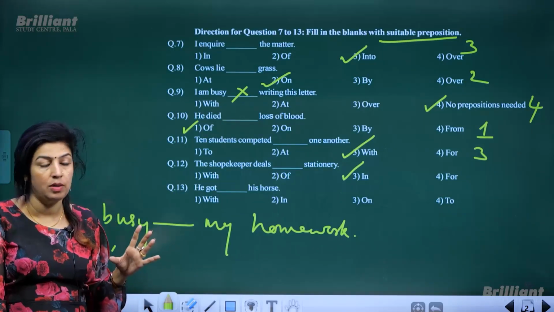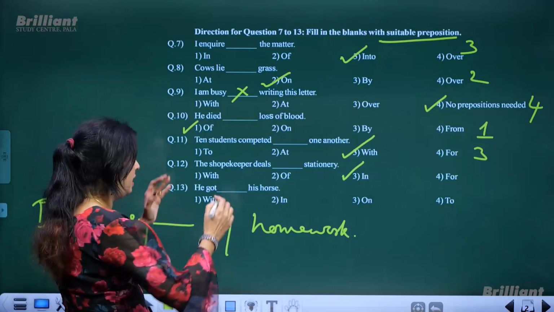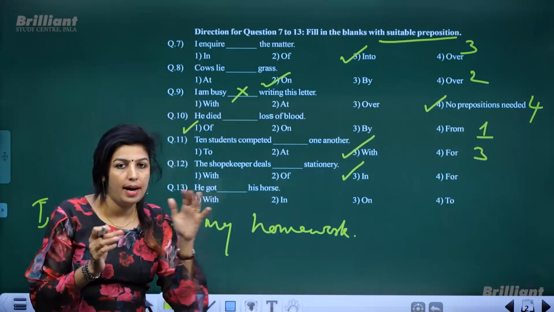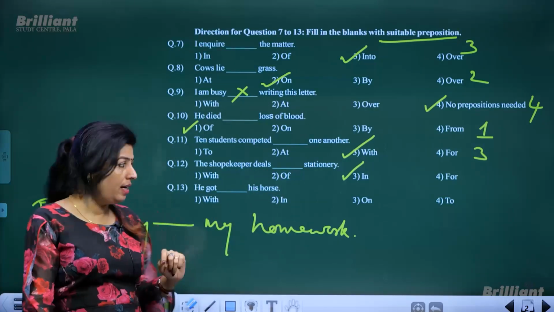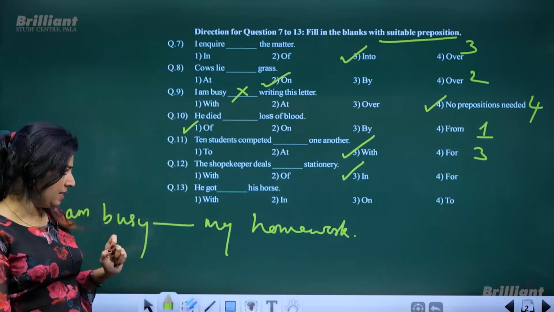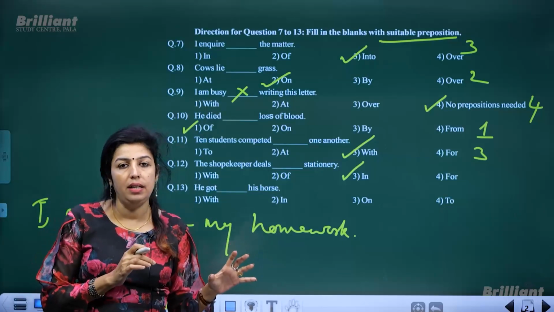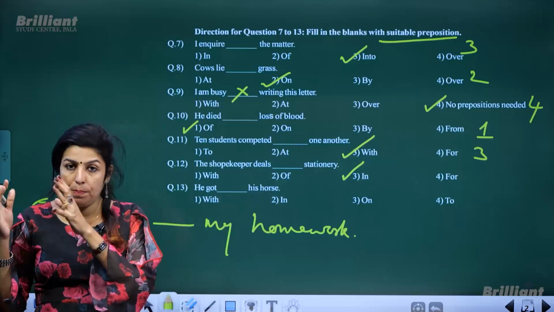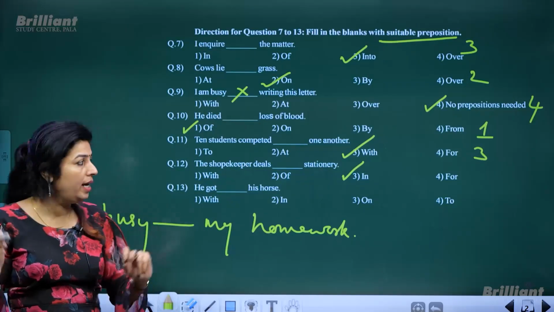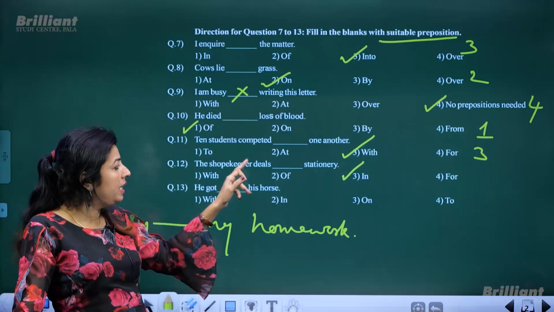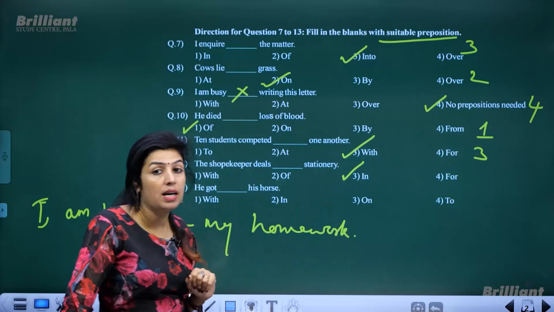What is the difference and why is "with" incorrect? The reason is, here we speak about items, not people. Stationery items, not people. With the word "deals", if you use it with a person or people, you can use the word "with". Suppose instead of stationery it is customers.